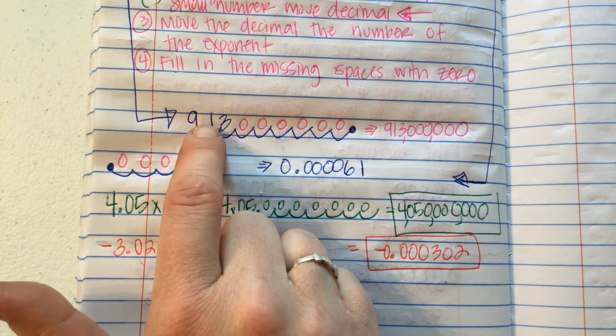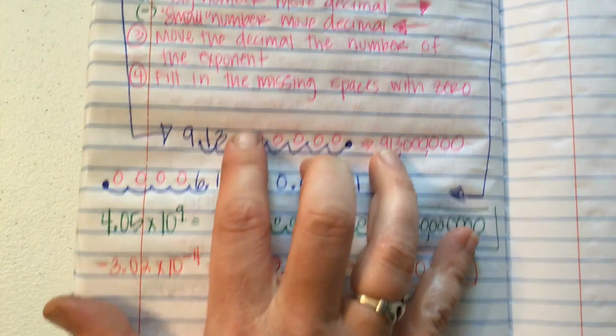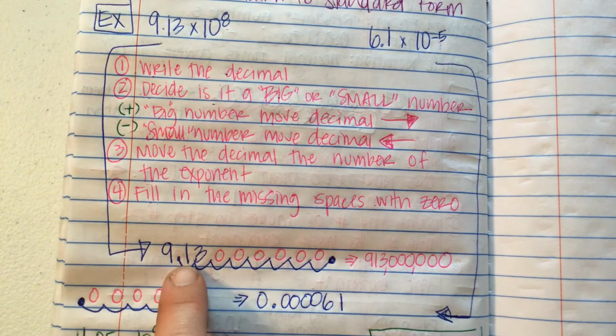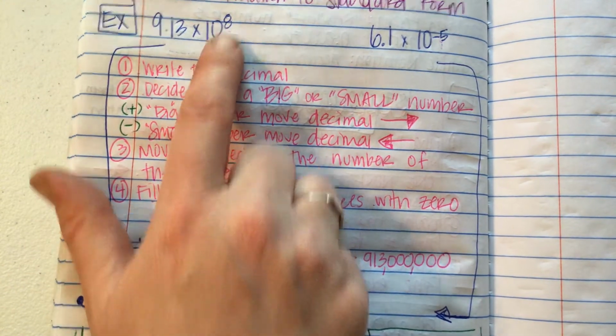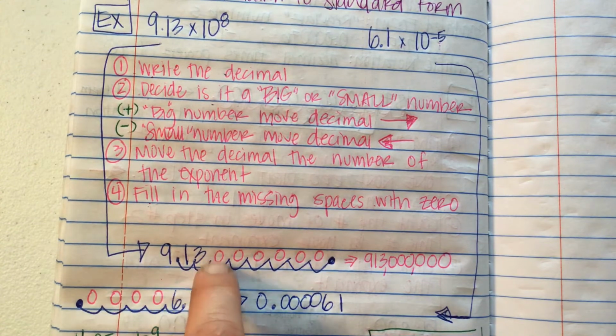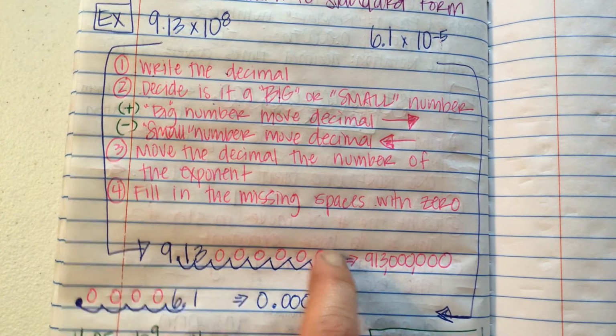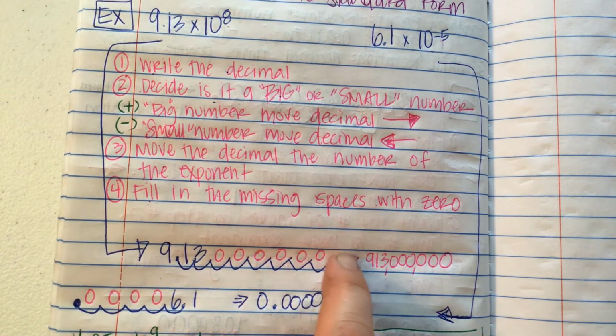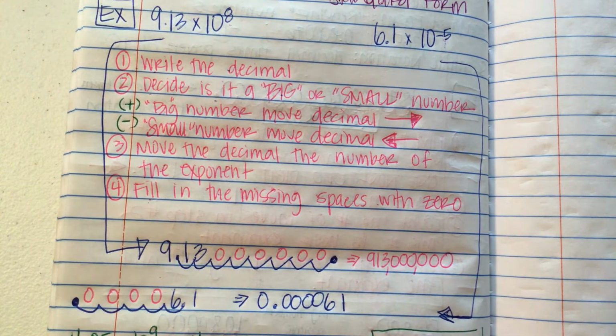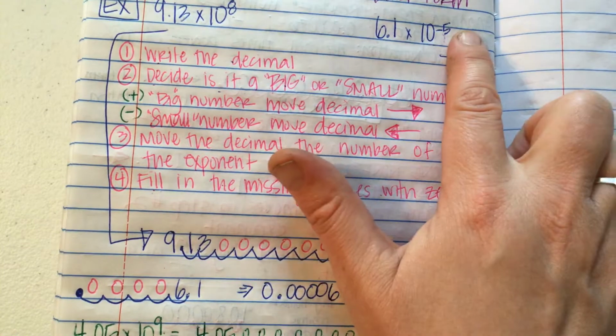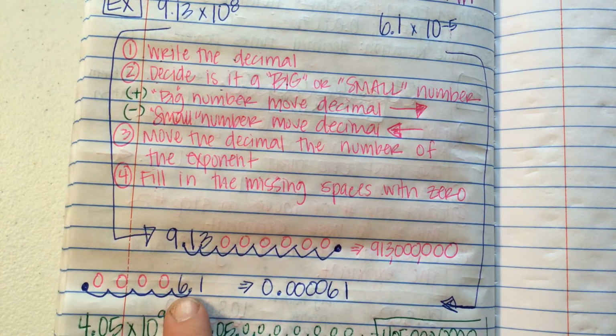Write your decimal. Right up here, write my decimal. And I'm going to make 8 moves, big moves. 1, 2, 3, 4, 5, 6, 7, 8. I fill in the spaces, the gaps with zeros, and that's my answer. For this one, I wrote my decimal.